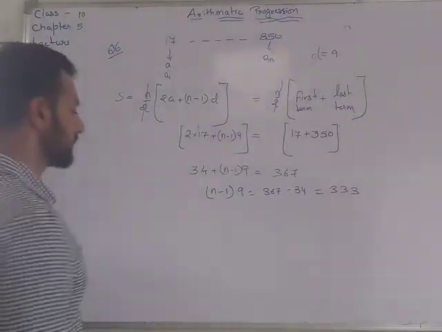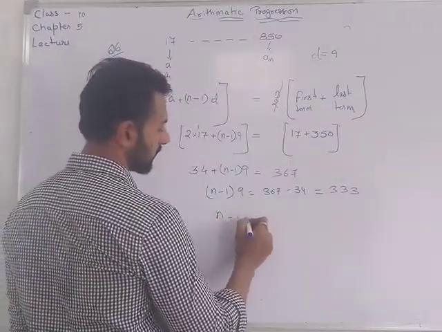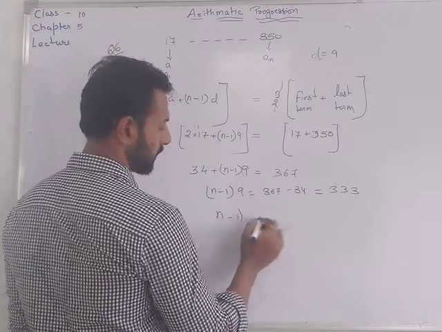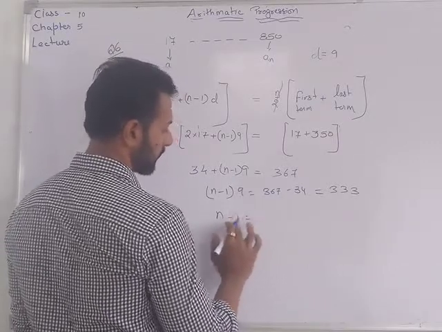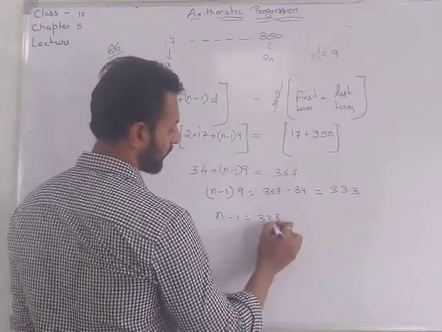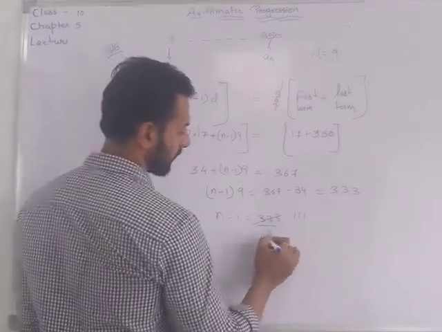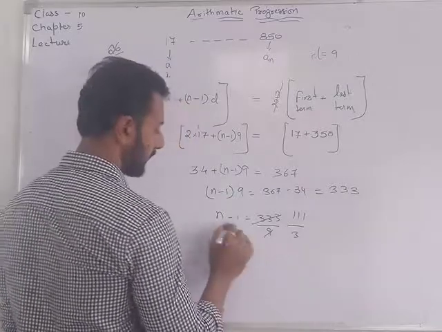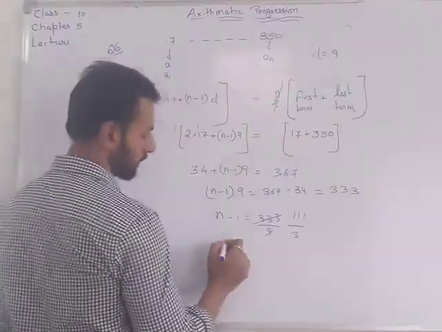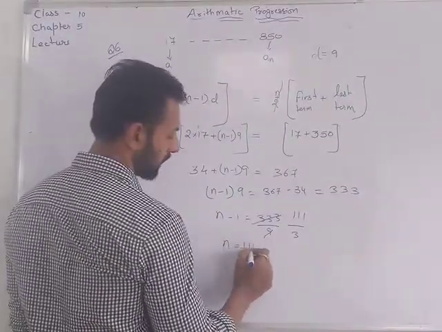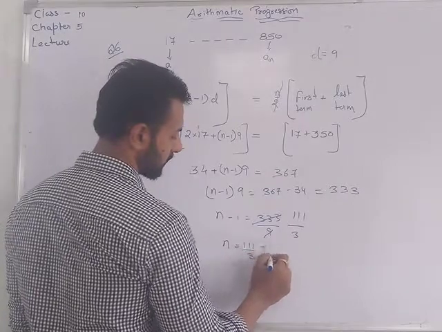Now further solving this, n minus 1 is equal to 333 by 9, so 111 upon 3. Taking this minus 1 over there, n is equal to 111 upon 3 plus 1.